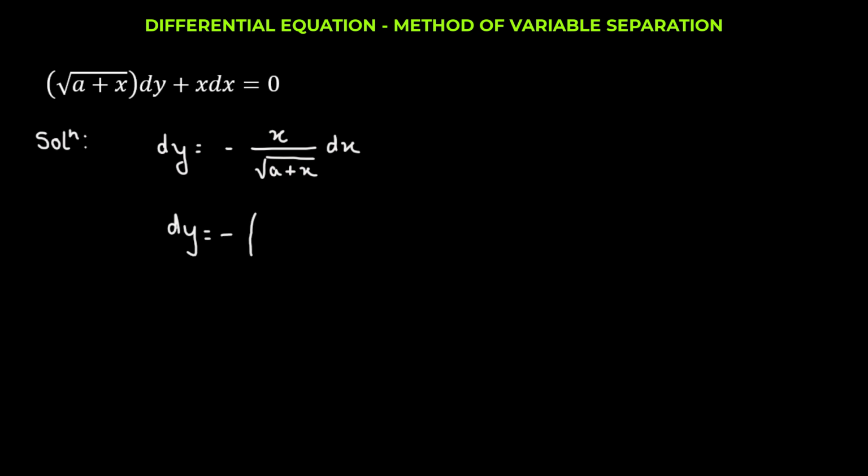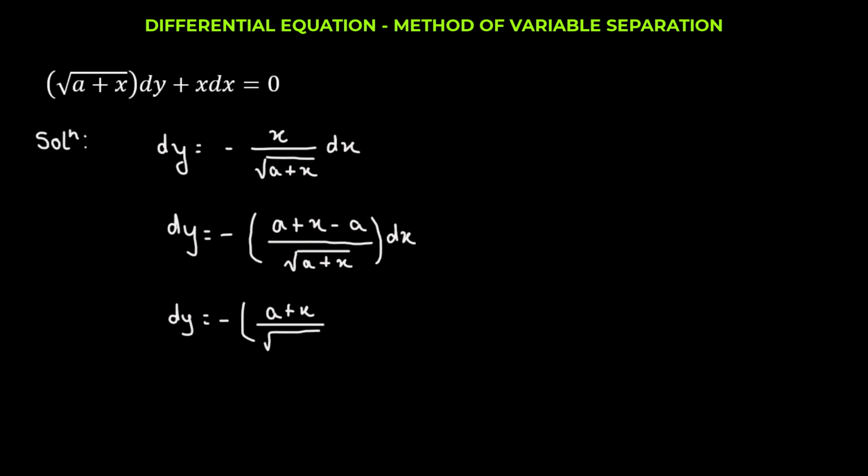Now we can do a little bit of algebraic manipulation. In the numerator we can add and subtract a, such that we have dy equals negative of (a plus x) divided by the square root of a plus x, minus a divided by the square root of a plus x, all multiplied by dx.